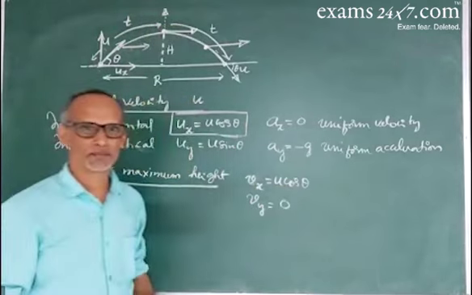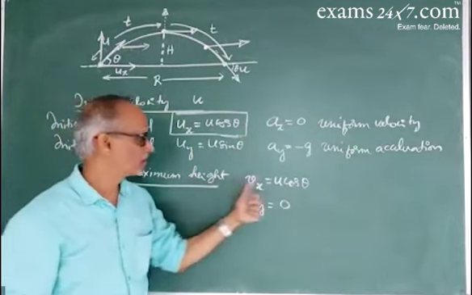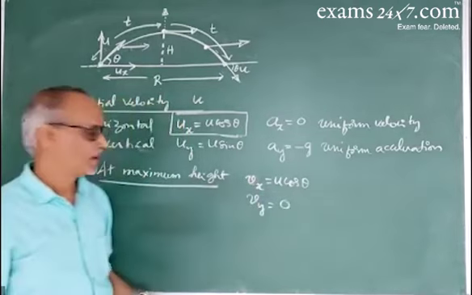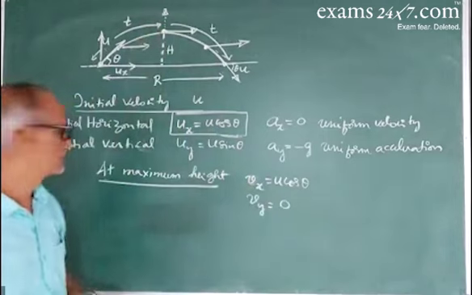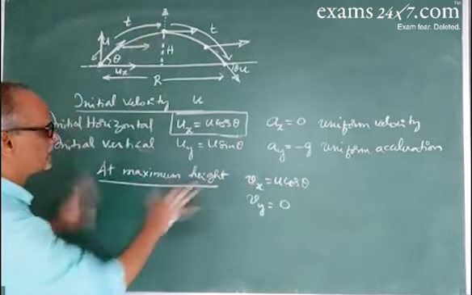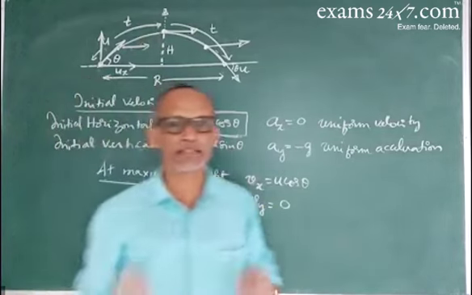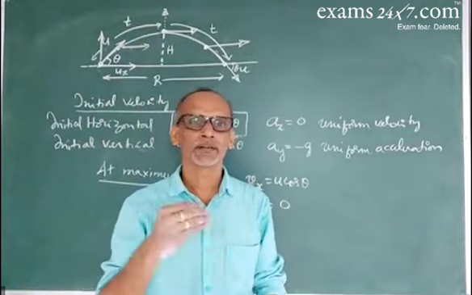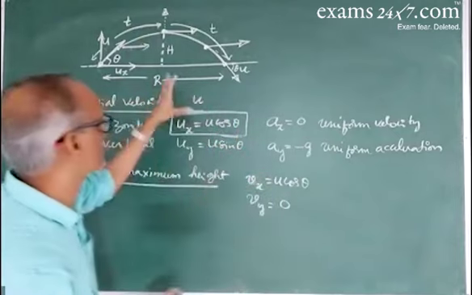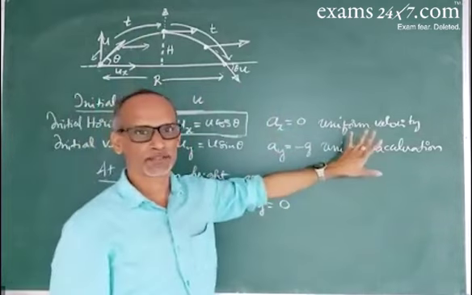At the maximum height, the horizontal component is u cos theta, and the vertical component is 0 at the highest point. These are the velocity relations at each and every point of the projectile, which is very important because a lot of equations related to the projectile we are going to write are based on these.